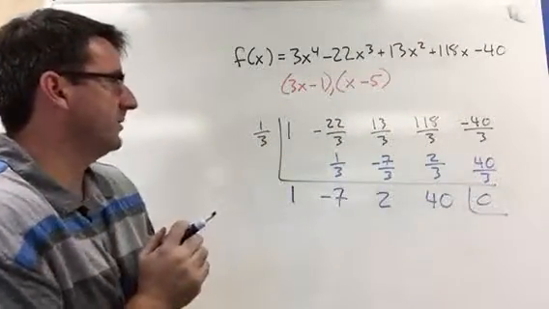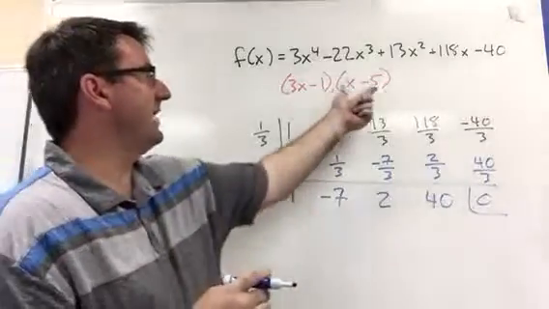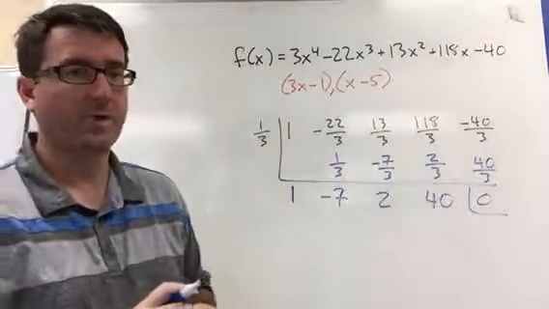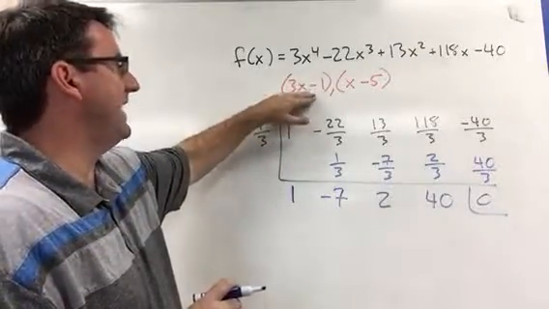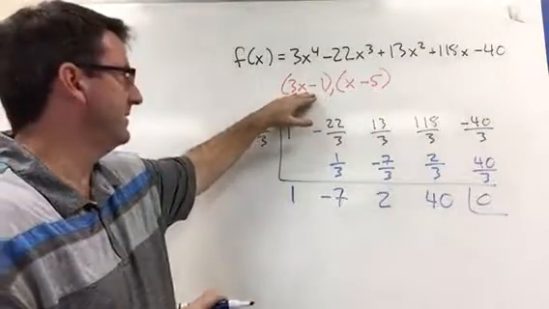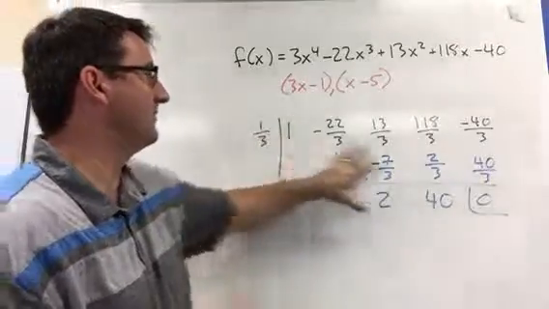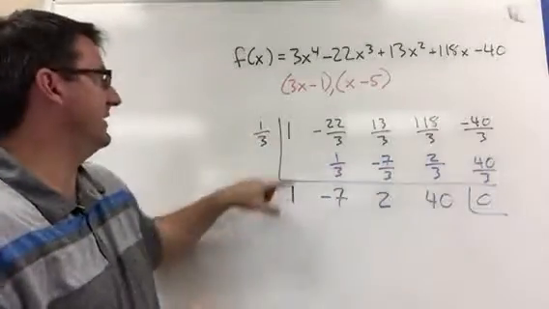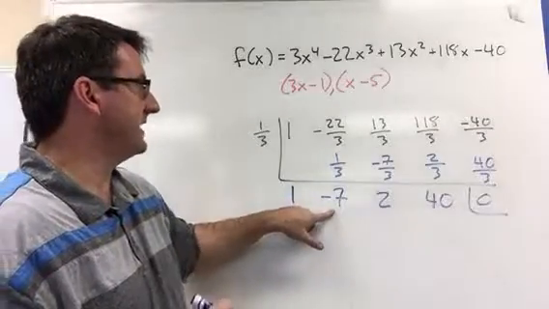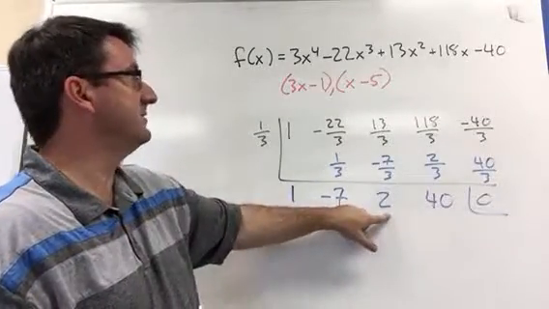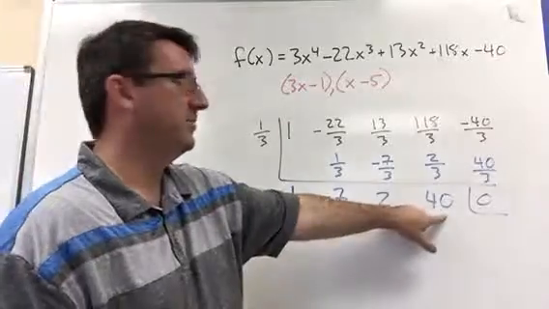All right. So let's try x minus 5 now. Now notice that we've divided 3x minus 1 out of this. What we're left with is x to the third minus 7x squared plus 2x plus 40.